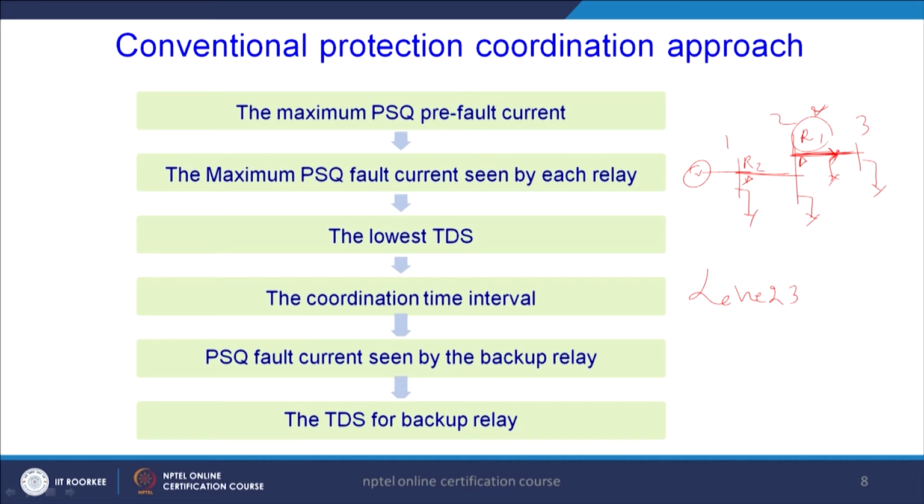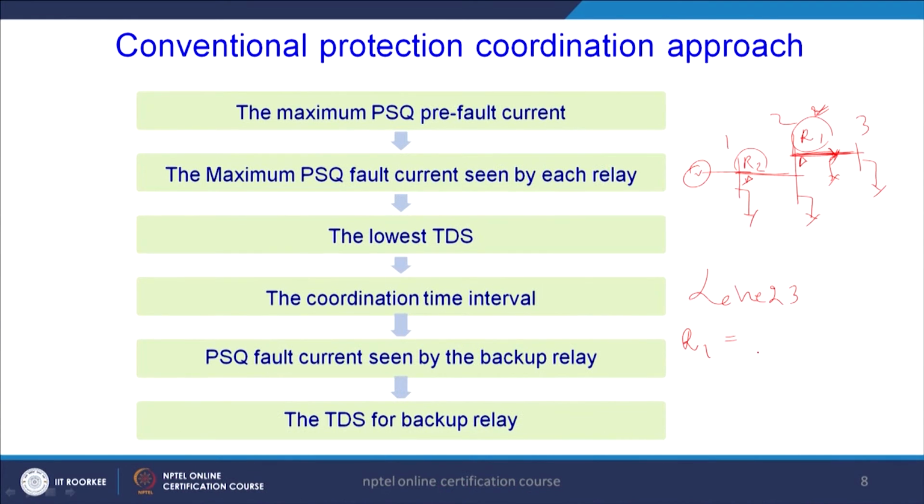If this fault is not cleared by R1, then it is going to be cleared by R2, and this R2 is known as the backup relay. So, here I just want to mention R1 is the primary overcurrent relay, and R2 is the backup overcurrent relay.